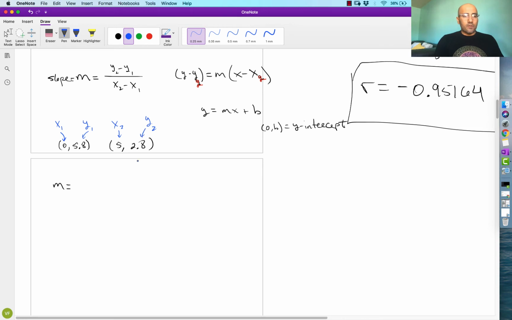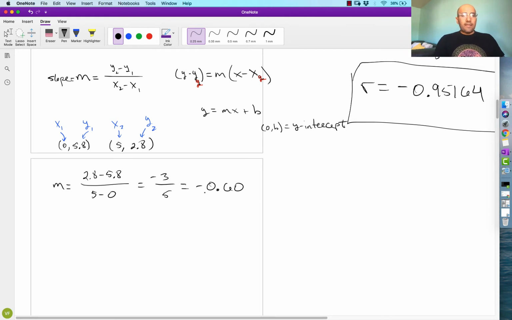So we end up with 2.8 minus 5.8 divided by 5 minus 0, right? y sub 2 minus y sub 1 over x sub 2 minus x sub 1. So we end up with negative 3 divided by 5, which gives you negative 0.60. There's our slope.